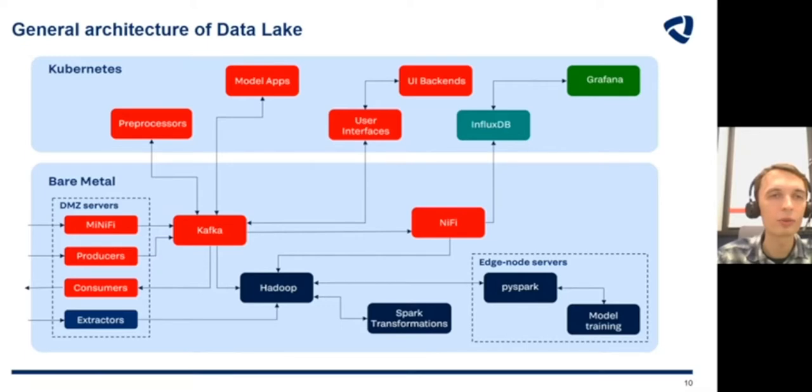And from the units, we receive information by our producer. It's our self-made software with Java. Also, we use MiniPy for working with databases. And when we want to send something to our units, we use consumers, also Java software.